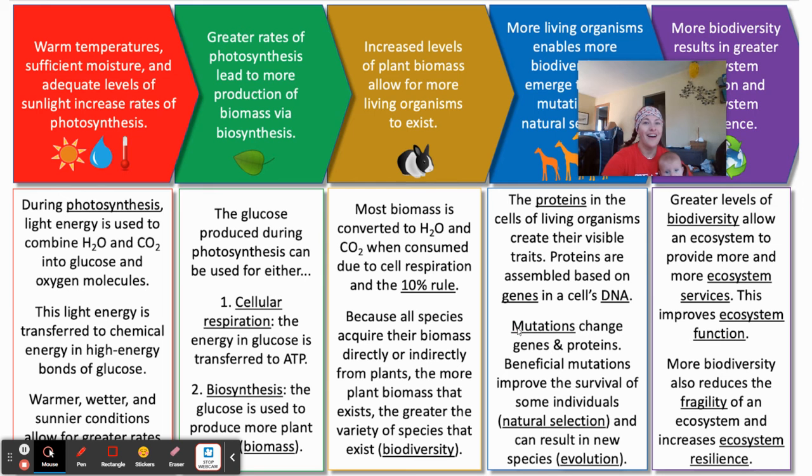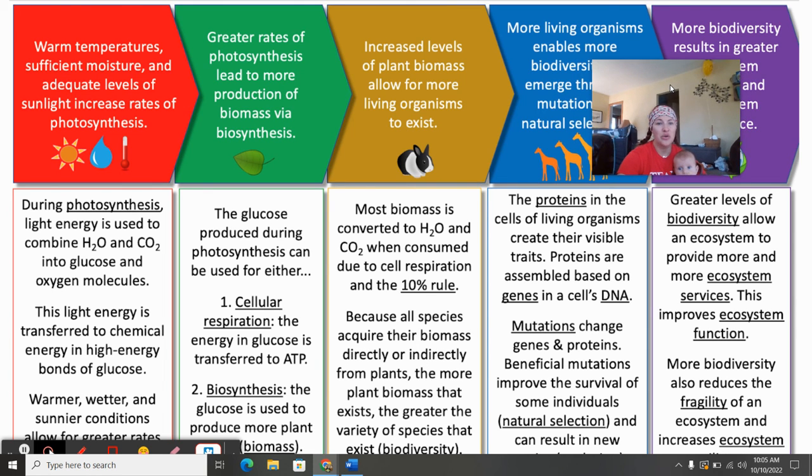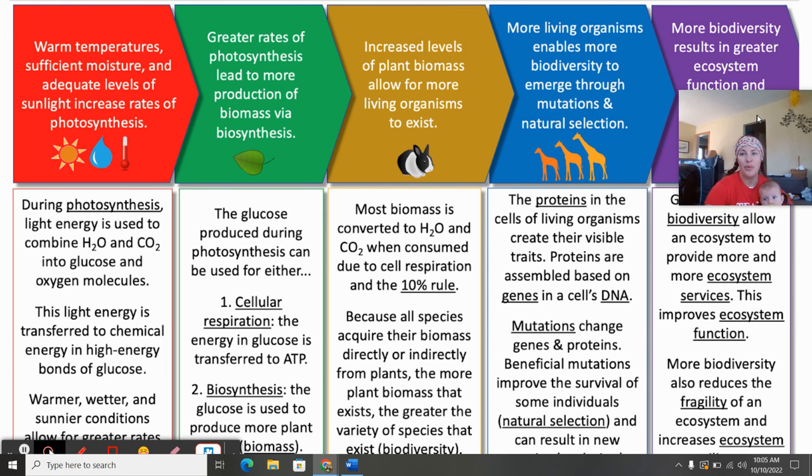Oh, wow, you're back. All right. So, this slide here in the notes kind of sums up everything in this unit really, really nicely. So if we have warm temperatures, sufficient moisture, adequate levels of sunlight, this increases rates of photosynthesis. When we have more producers because of more photosynthesis, that can then support everything in higher trophic levels via more production of biomass, so living matter.